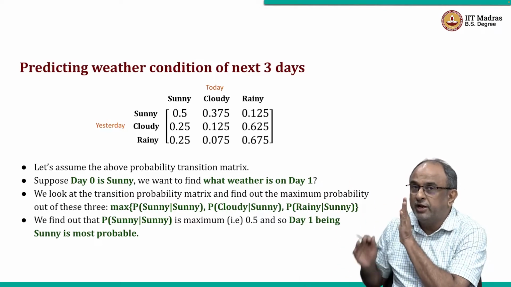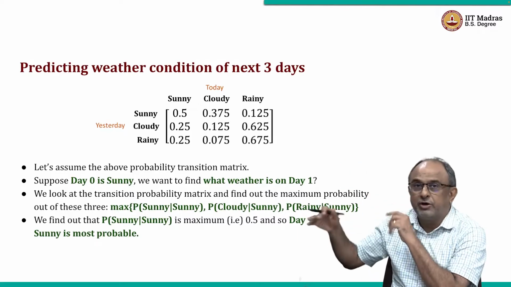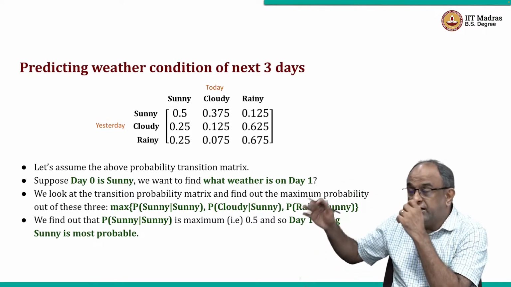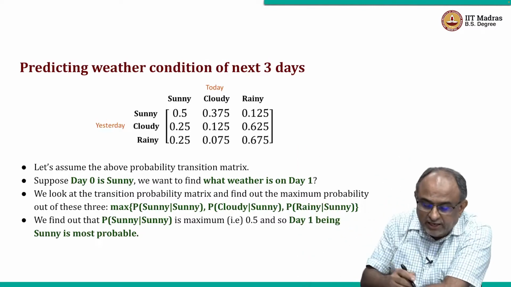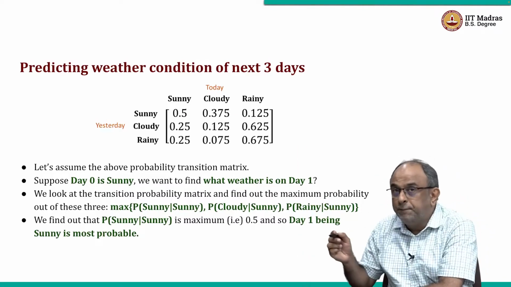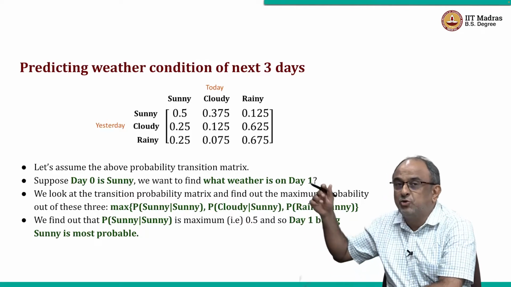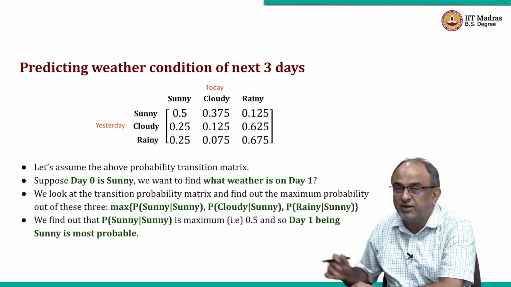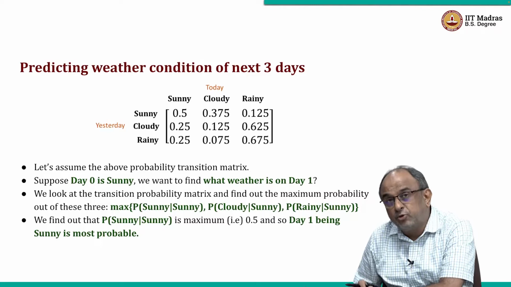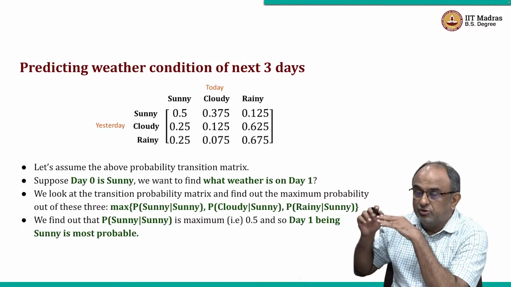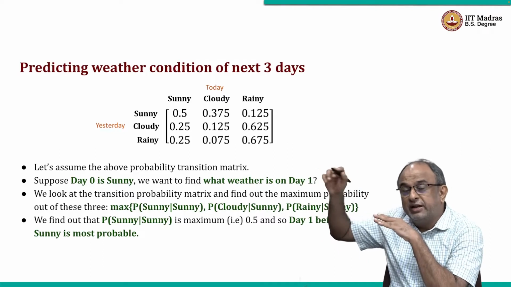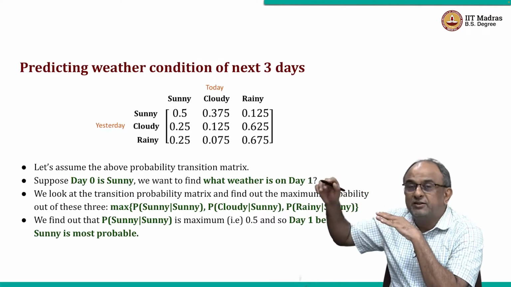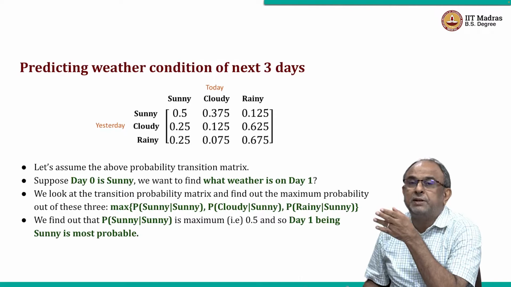But you are ignoring it, and so you are saying, okay, tomorrow I am going to say that is sunny. Now based on this sunny, you are going to ask what is the next day forecast. Again you are going to look at this, but because you are only looking at one day, you are going to say sunny, okay? But cloudy is a lesser chance, yet for the 2-day forecast, if I take another path, that can be more probable than this path.